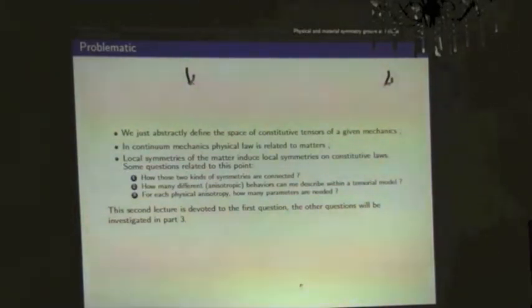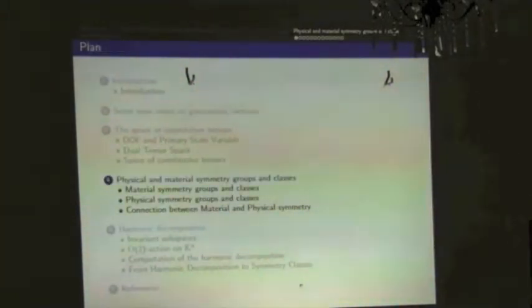And by the end of this part, we will have some nice properties that allow us to solve our problem quite quickly, because sometimes you don't need to make any computation.